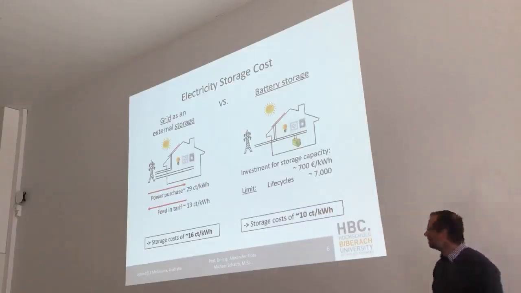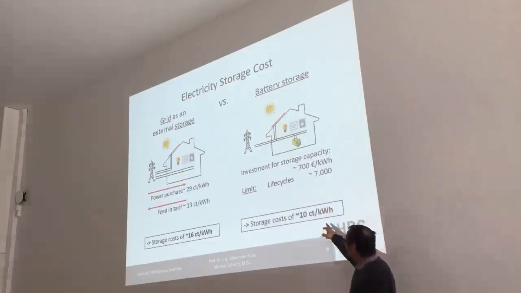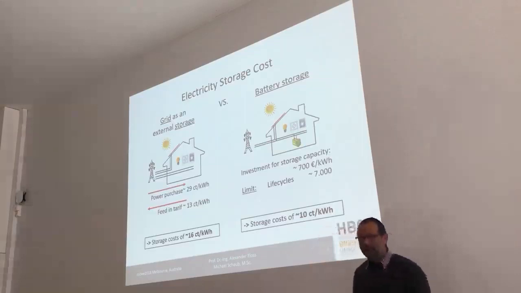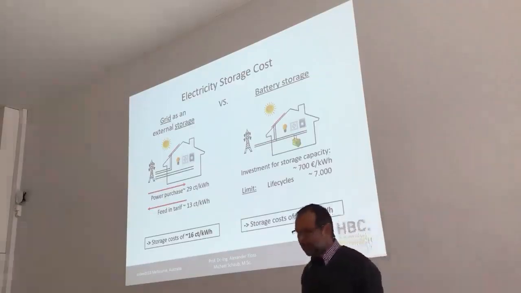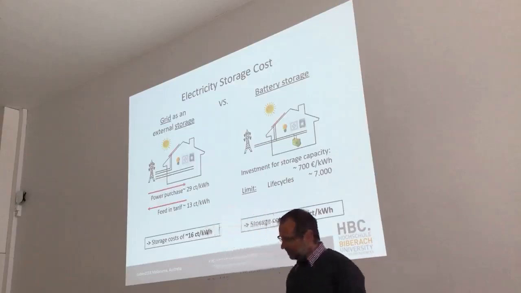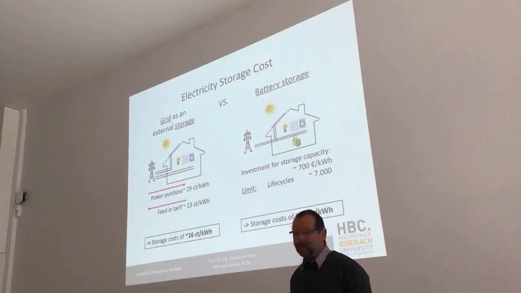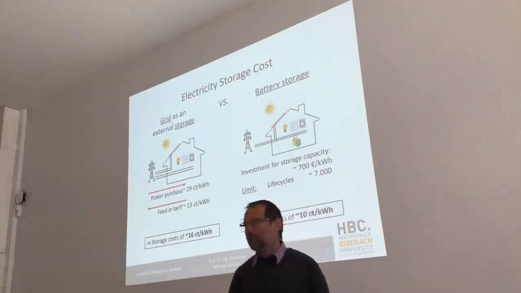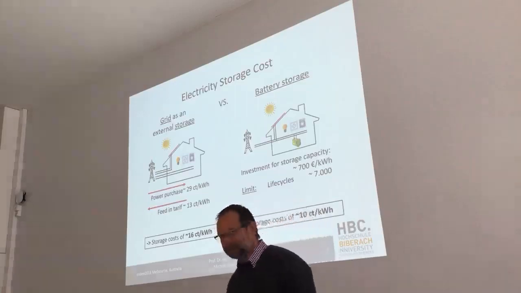Thus you get specific investment costs of the battery system of roughly 10 cents per kilowatt hour. Although this specific storage cost of the battery system seems much lower than using the external grid, caution is needed.